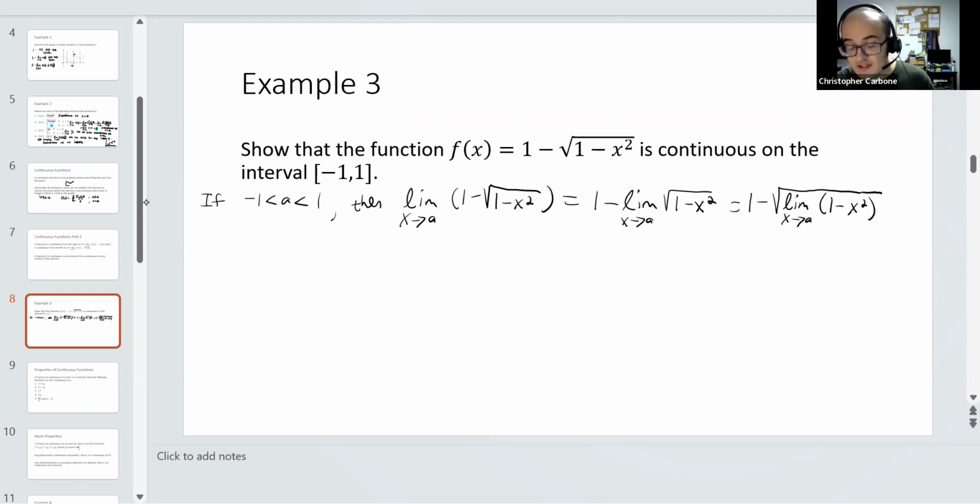So now we are calculating the limit of a continuous function. It's a polynomial, 1 minus x squared. So we could just write that as 1 minus the square root of 1 minus a squared. And that simply is the value of f of a.